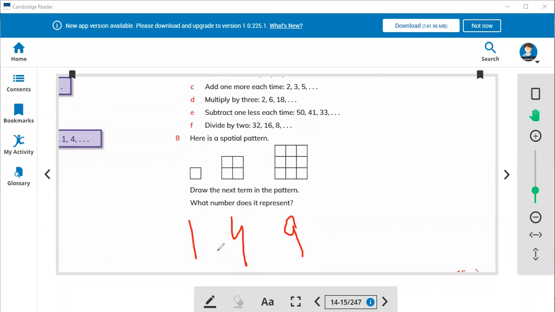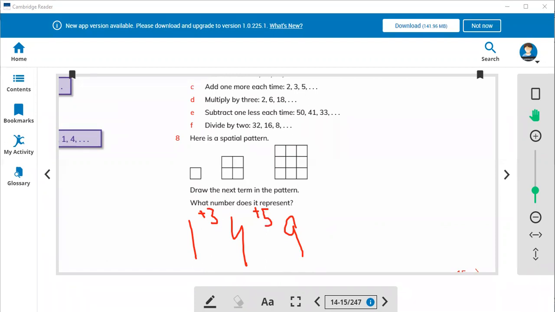So how much do they add? First of all, we have to know that we are adding: 1 plus 3, 4, 4 plus 5, 9, so they are adding odd numbers. Yani, first they add 3, then they add 5, 3, 5, like this.